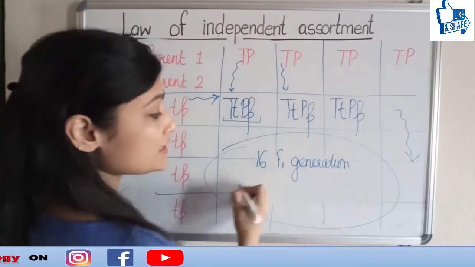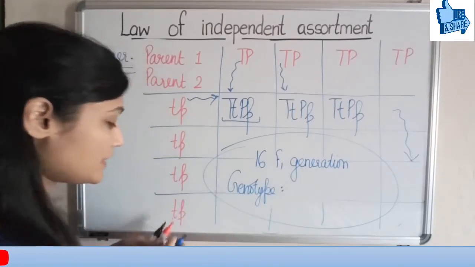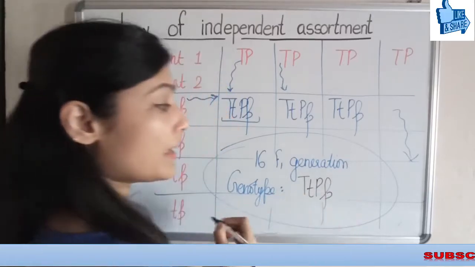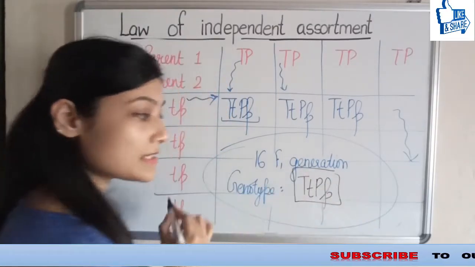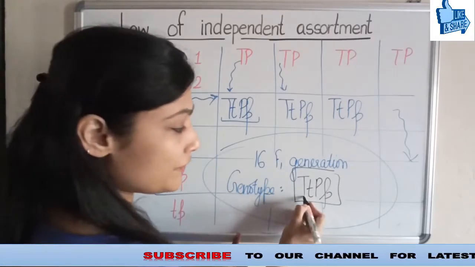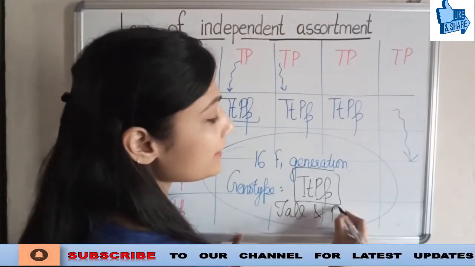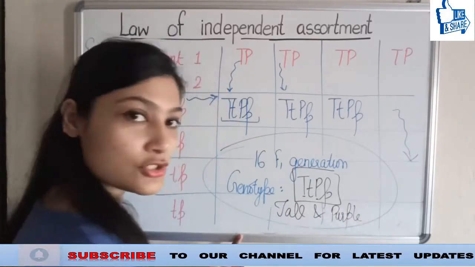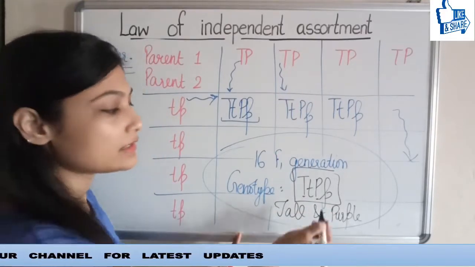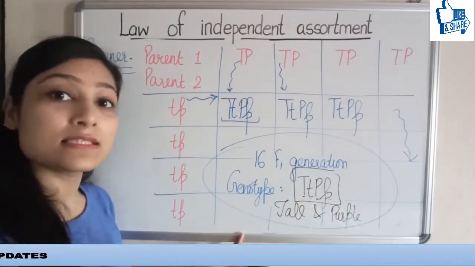For all of them, the genotype is going to be this, and if the genotype is this, I can easily tell the phenotype. The phenotype is going to be tall and purple. Why tall and purple? Because when the dominant allele is present, recessive alleles are not going to express themselves.